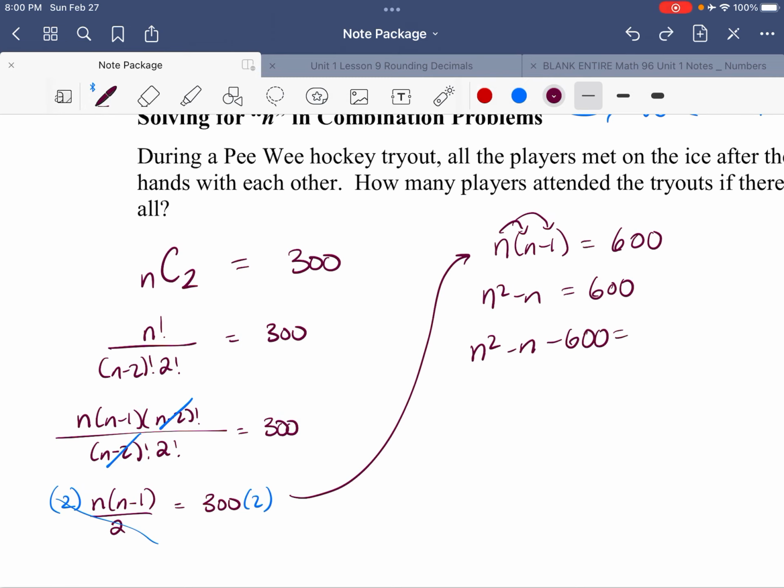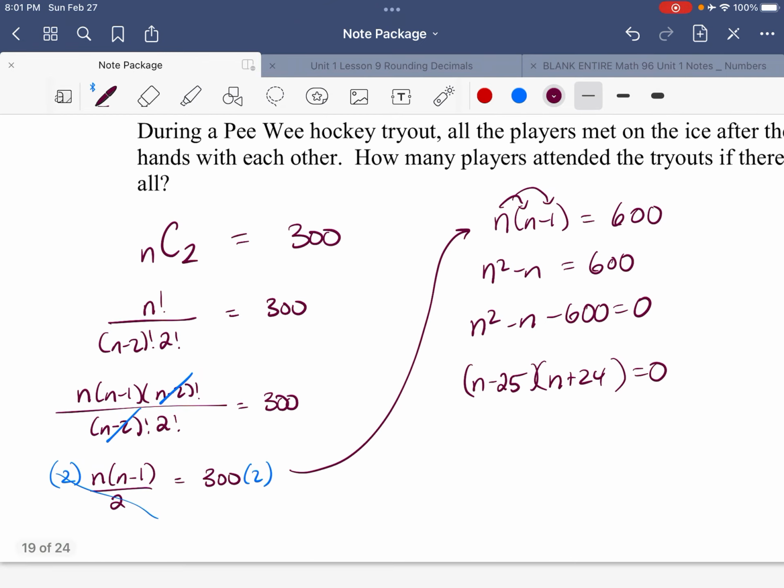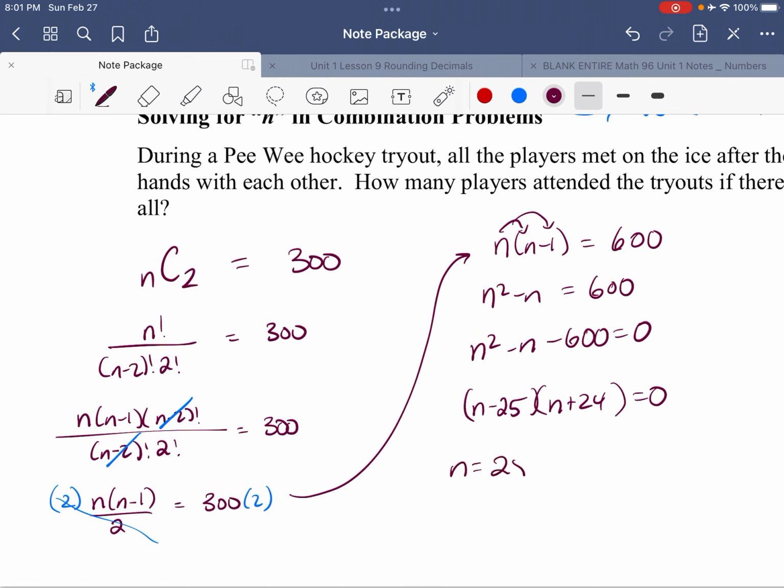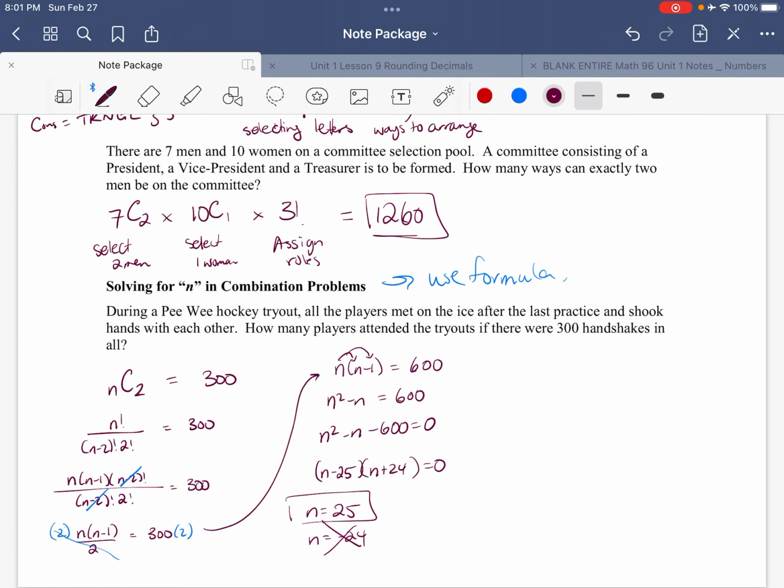Oh, that is an aggressive 0. There we go. And factoring this gives us 2 solutions. N equals 25 or n equals negative 24. Well, can you have negative 24 people? No. So our solution here is that there were 25 players that attended.